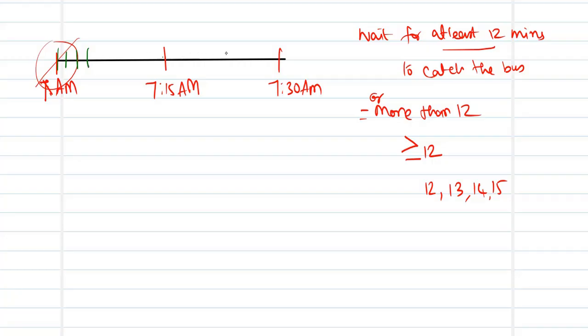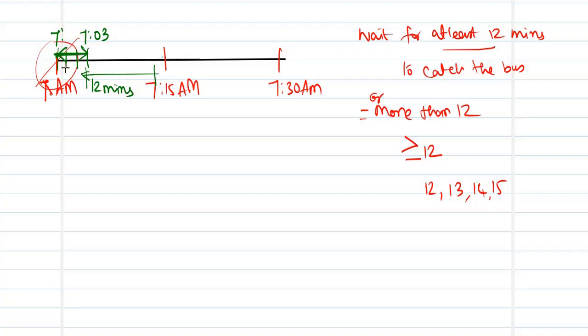So from 7:15, if I move backward by 12 minutes, then at what time must he have entered? He must have entered between 7 to 7:03, because from 7:03 to 7:15 the duration is 12 minutes, so 12 or less than that.